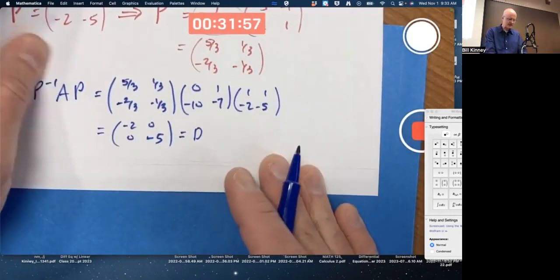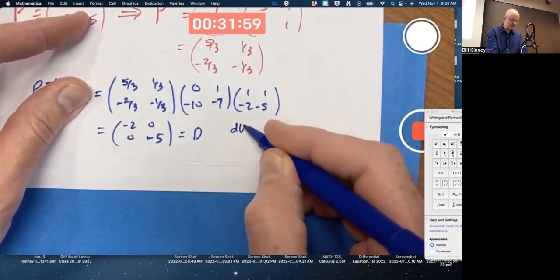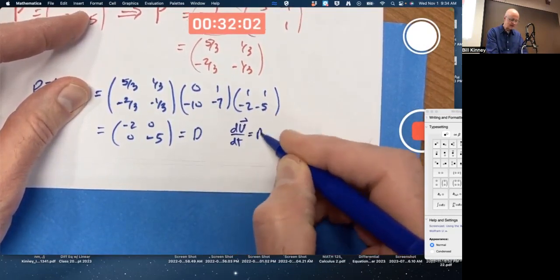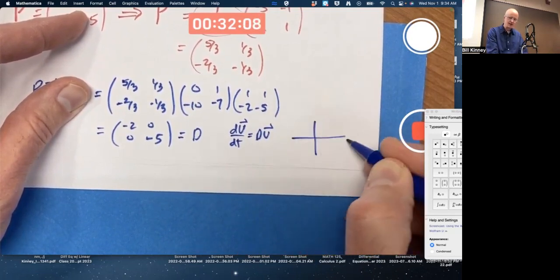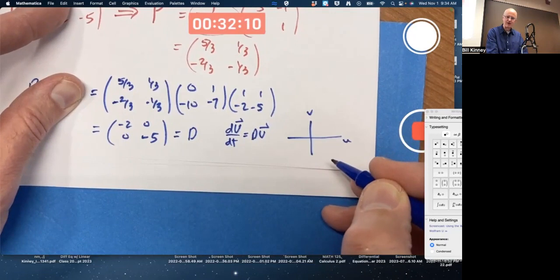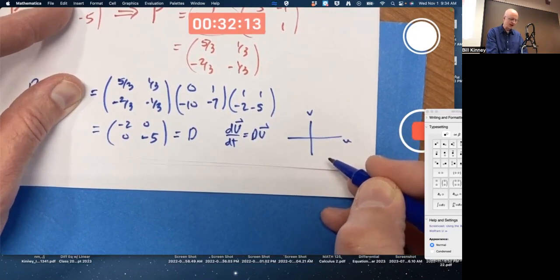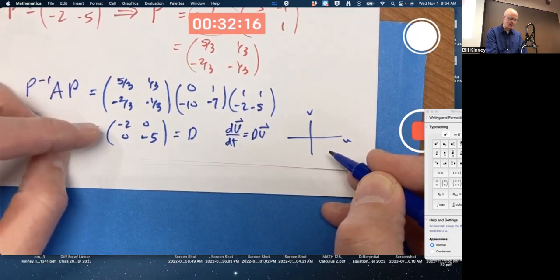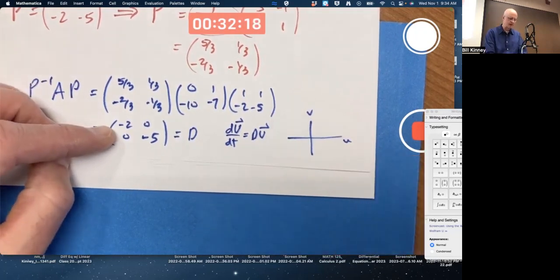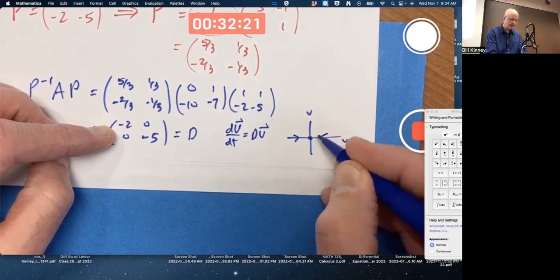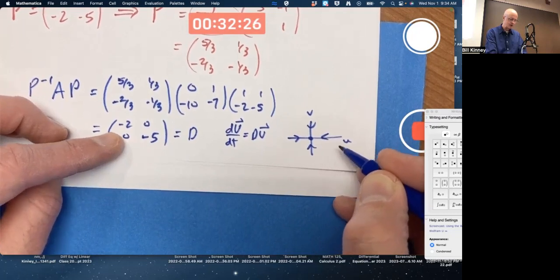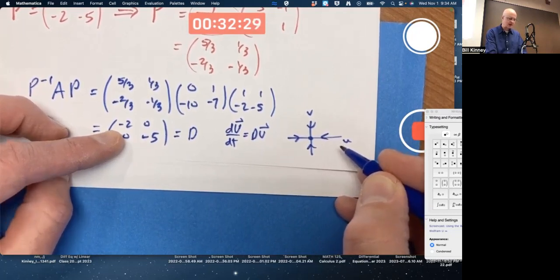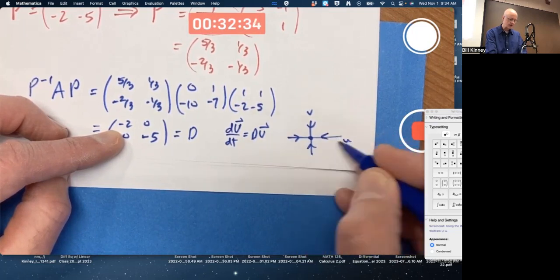Could I draw the phase plane for this? For, say, du dt equals D u. What's u? It's just a new vector corresponding to a system labeled this way. Sure. And the eigenvector corresponding to -2 is going to be 1, 0, and corresponding to -5 is going to be 0, 1. And most solutions are tangent along the eigenvector corresponding to the eigenvalue closer to 0, -2, which is the horizontal axis here.